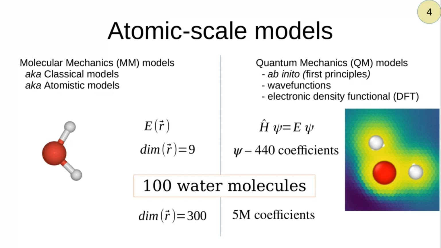Apparently, it's much larger. It also scales linearly, but the scaling multiplier is much larger. For example, for 100 molecules in classical models, you will need 300 variables, and for quantum models, you will need about 5 million non-zero coefficients.